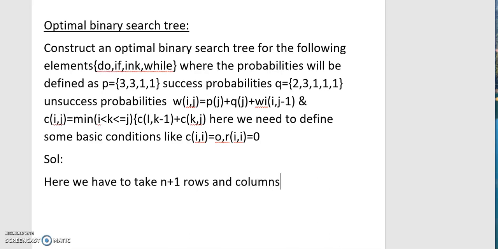Another thing is that there are 2 indexes: the P index starts with 1 and the Q index starts with 0.